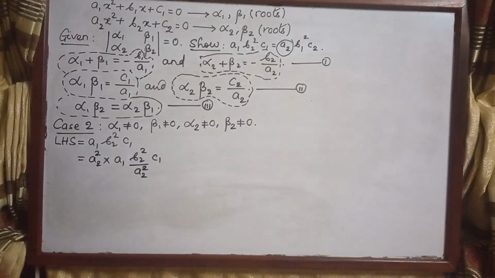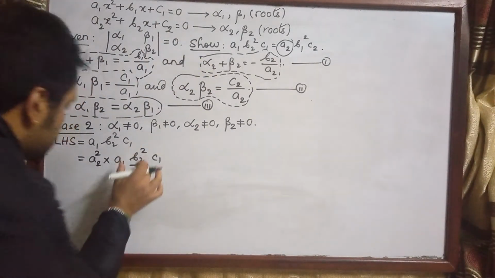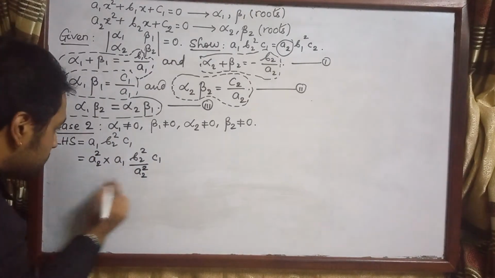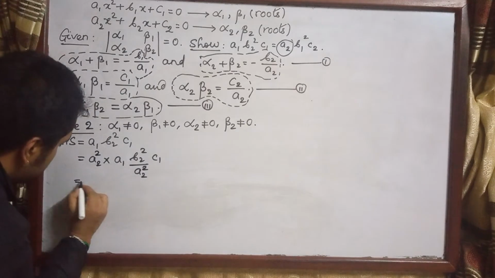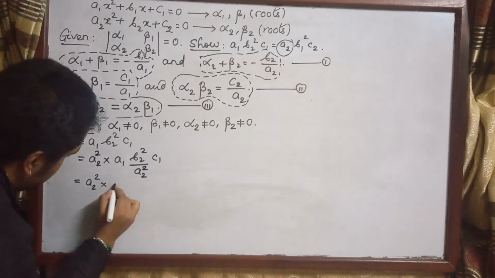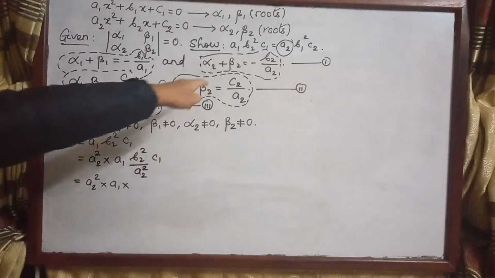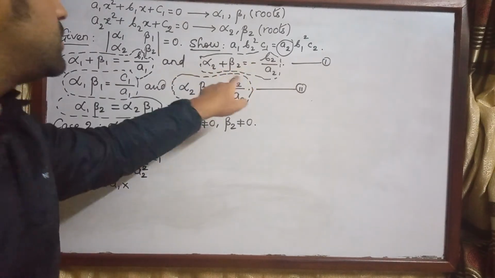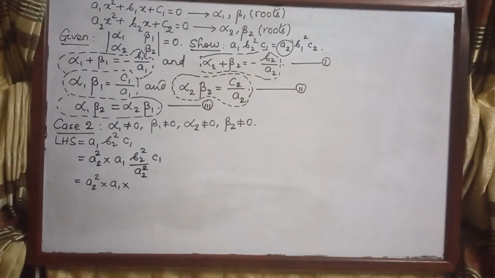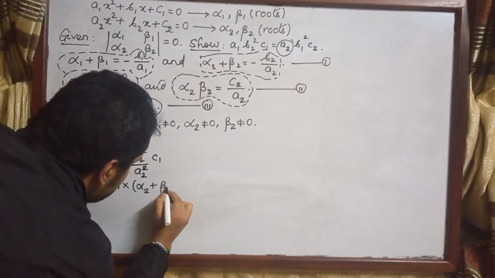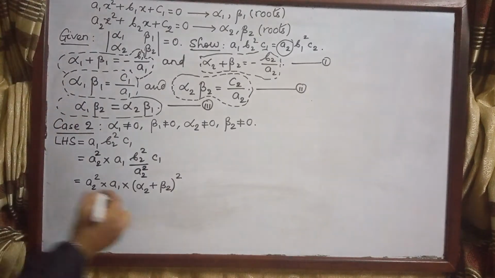Okay, so basically now let's not change this part, let's just look at this part. So a2 squared times a1 times b2 over a2 squared means, from this relation, alpha 2 plus beta 2 squared. So this is basically alpha 2 plus beta 2 squared times c1 as it is.